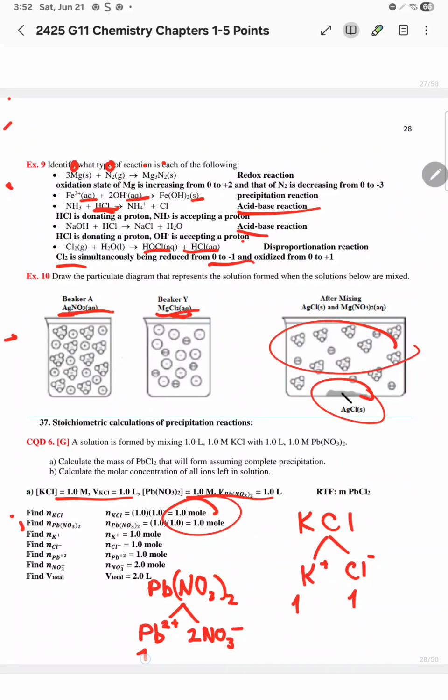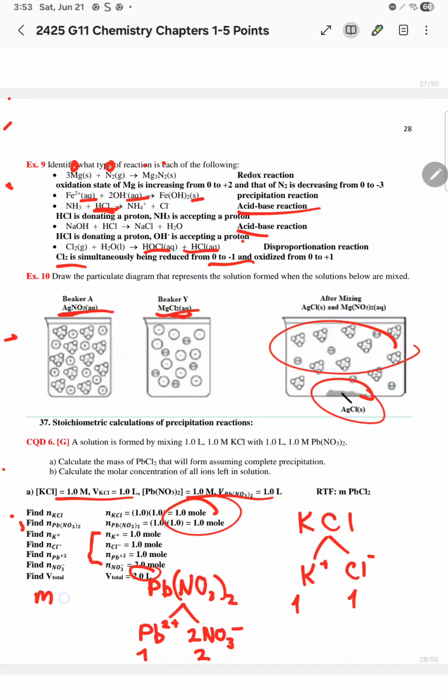So the Pb2+ stays at 1 mole, but the nitrate becomes 2 because of the coefficient. And we need to find our total volume by adding all the volumes we have, which is 2 liters.